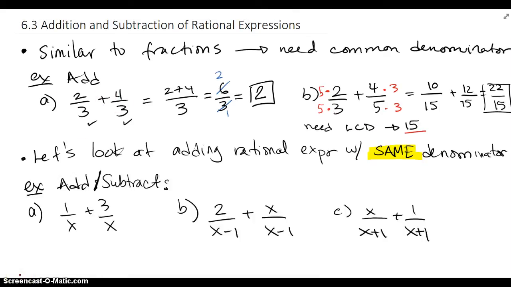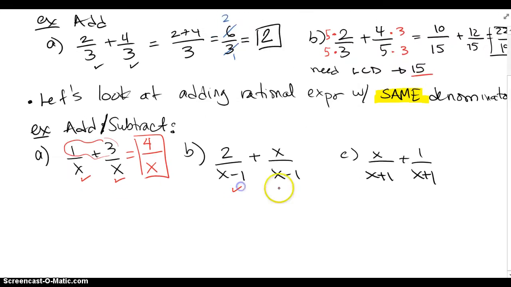Okay, we're going to add or subtract accordingly. So part A, we have the same denominator, check, check. All I have to do is combine the numerators. So I'm looking at 1 plus 3, they're like terms. That's going to give me a 4, and I'm pretty much done. Part B, I have check, check.